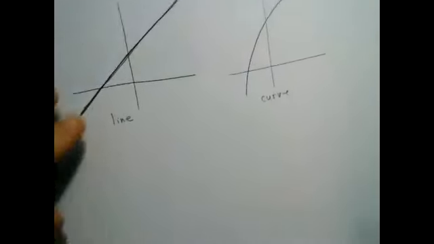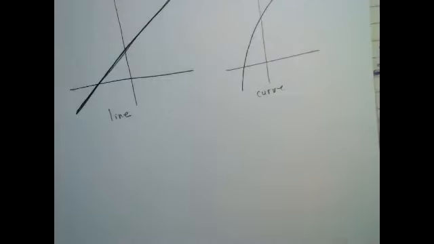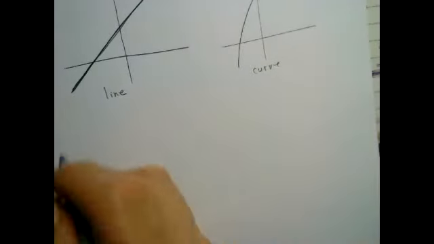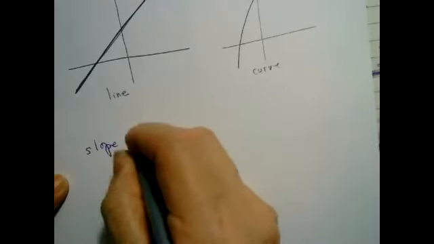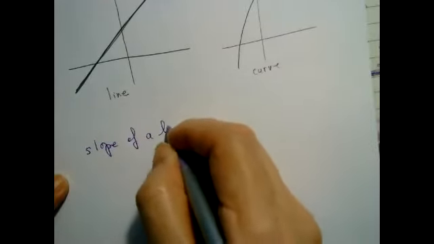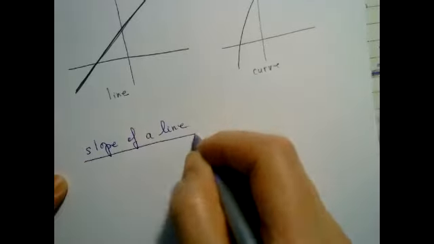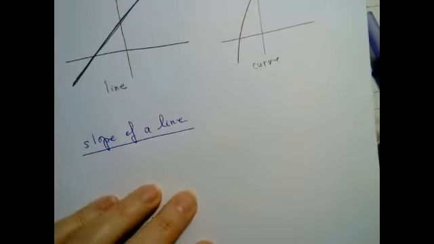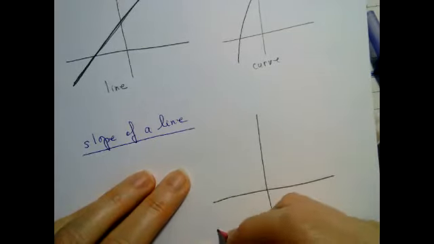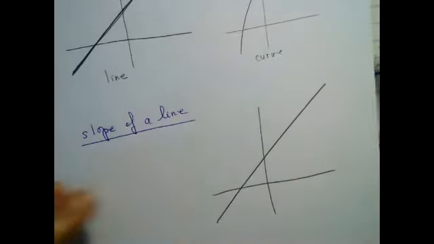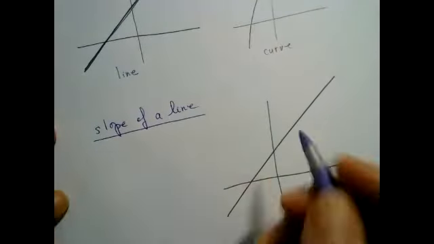Now, what characterizes a line is the idea of a slope. So let us remember the slope of a line. Suppose we have a line, just this picture here, and suppose we have 2 points on the line.